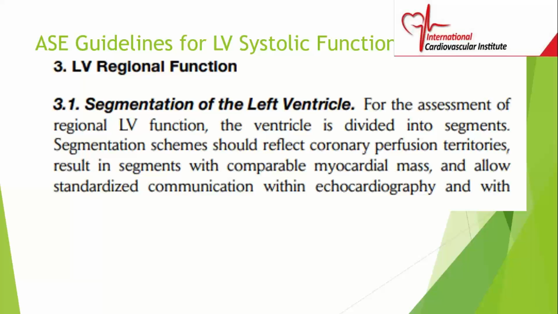It's not thickening as much as it should. If it's akinetic, that means it's not thickening at all. And then we talk about dyskinesis, which is thinning, dilatation, moving in the opposite direction. So there are 4 classes of regional LV function, and you have to know about those.